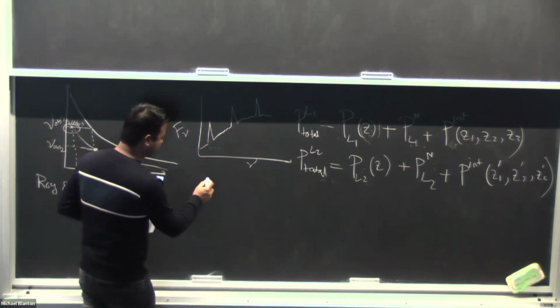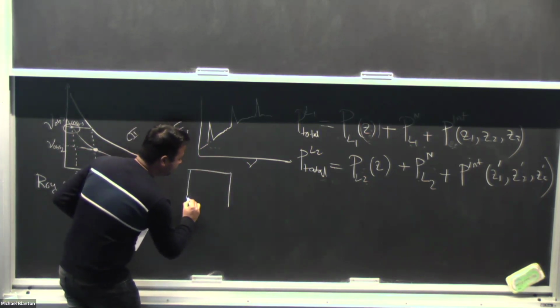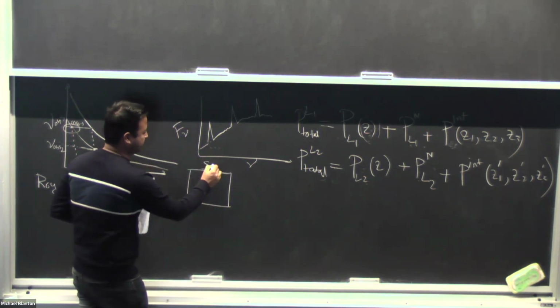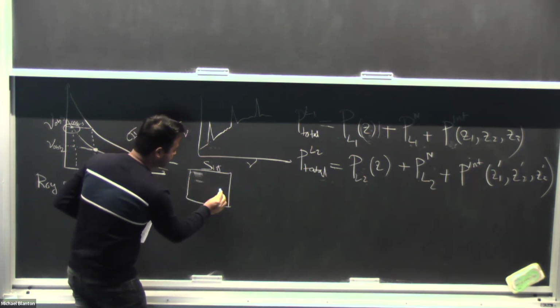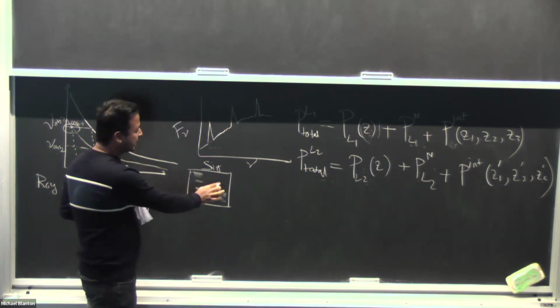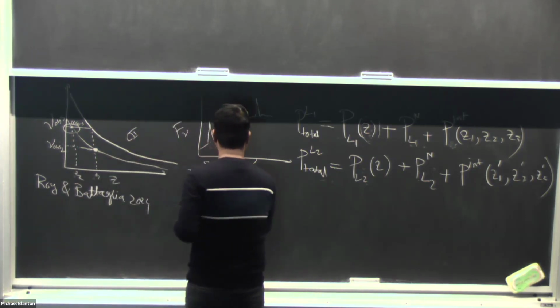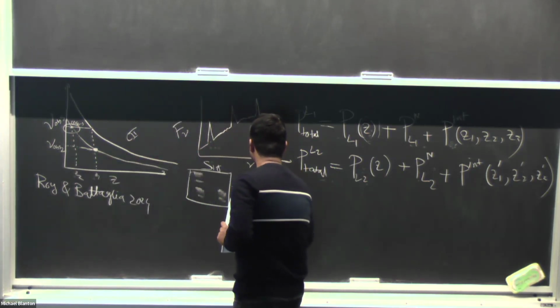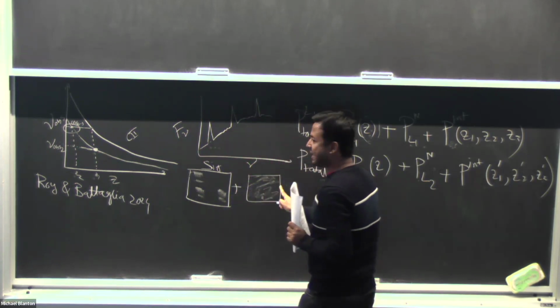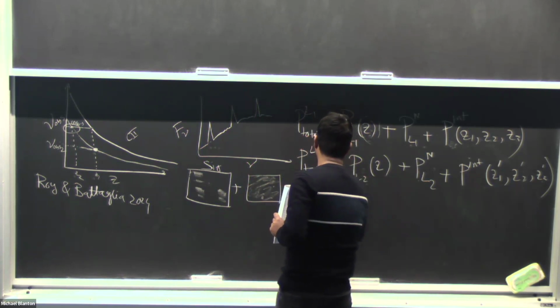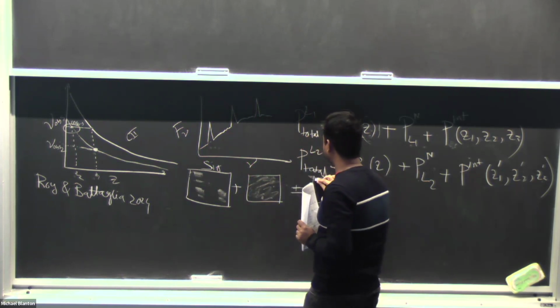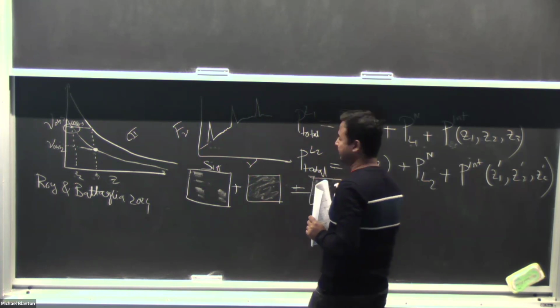Just to tell you, ultimately, if I have the signal here, which is the line intensity mapping signal, and if I add some interlopers, when I add these two things, I'll ultimately observe something like this.